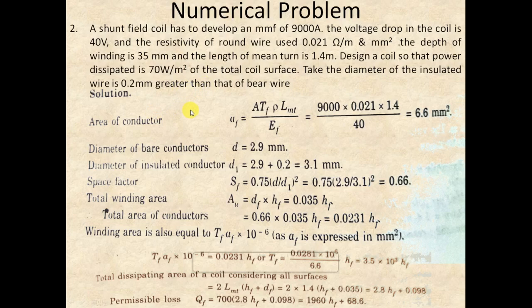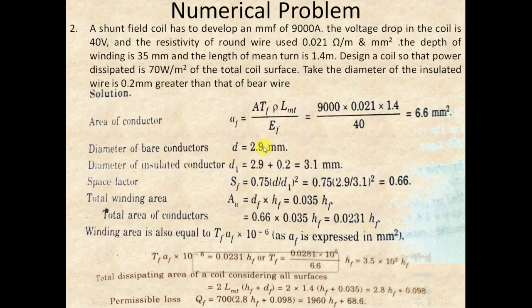Let's see the solution. We can easily determine the cross-sectional area of conductor by using this relation. So in this relation, this is actually indicating the field MMF. The value of field MMF is given in the problem directly as 9000 ampere. Make the substitution. Value of EF is also given directly as 40 volt. Then we can easily get the cross-sectional area of the field conductor, from which we can directly get the value of diameter of the bare conductor.